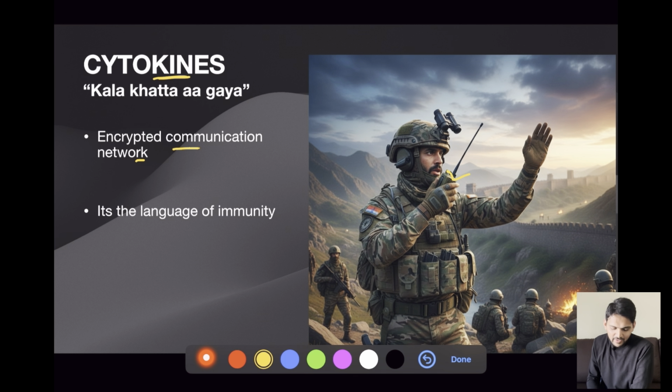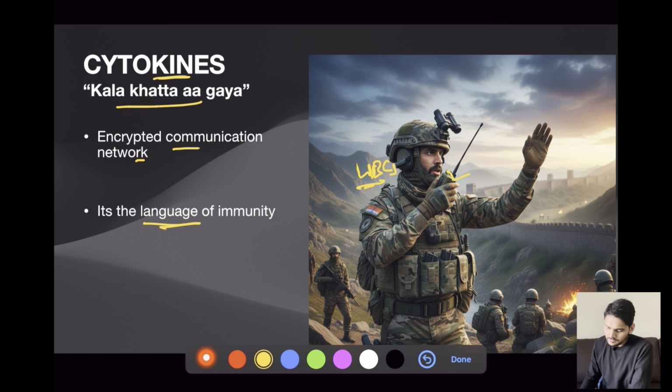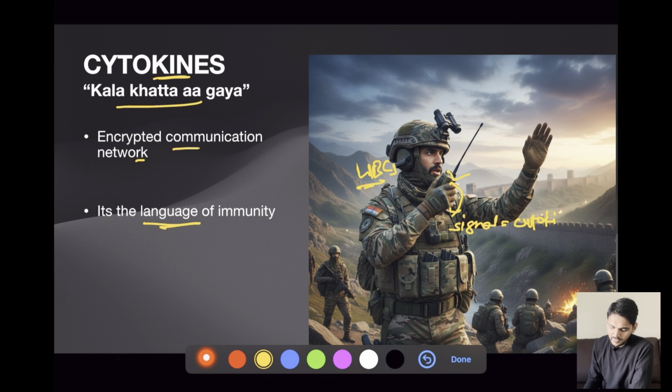Like you can see in the movies, right? They will send a chit. In that, some code words will be written, like Kala Katta Aa Gaya, just for example. So this is the language of immunity. So now these WBCs are fighting at the border with the pathogen. Meanwhile, they are sending some signal in the body. That signal is nothing but cytokines. So they are releasing cytokines.